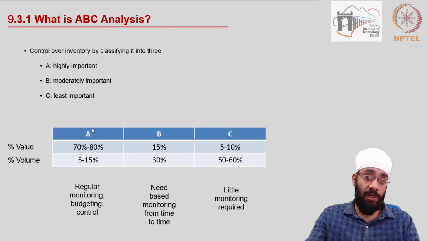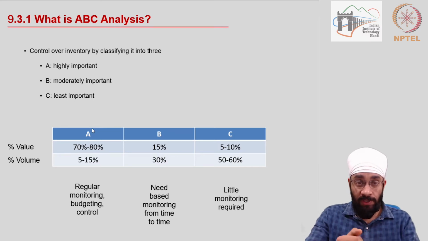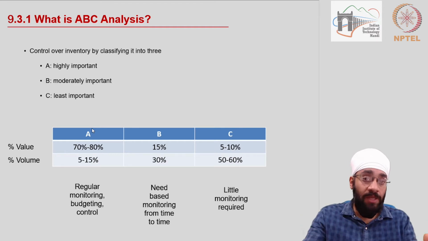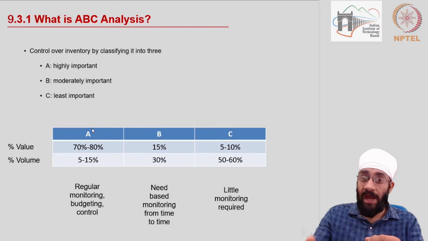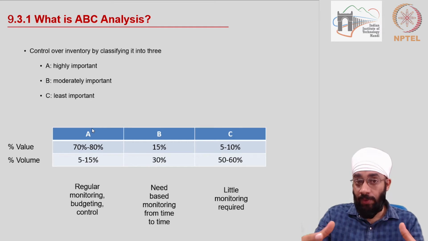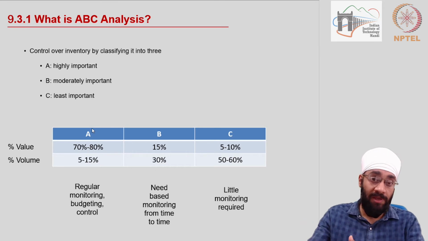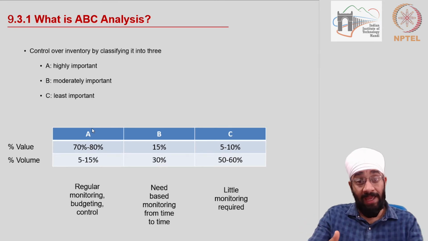So category A stock items are those items which carry, if during the year you are carrying X number of units in the stock, then 70 to 80% of the total stock value. In other words, the stock items which carry about 70 to 80% of the total money blocked in the stock should be categorized as category A. Another characteristic is that in terms of volume, in terms of number of units, these stock items only constitute 5 to 15% of the total number of units in the stock.